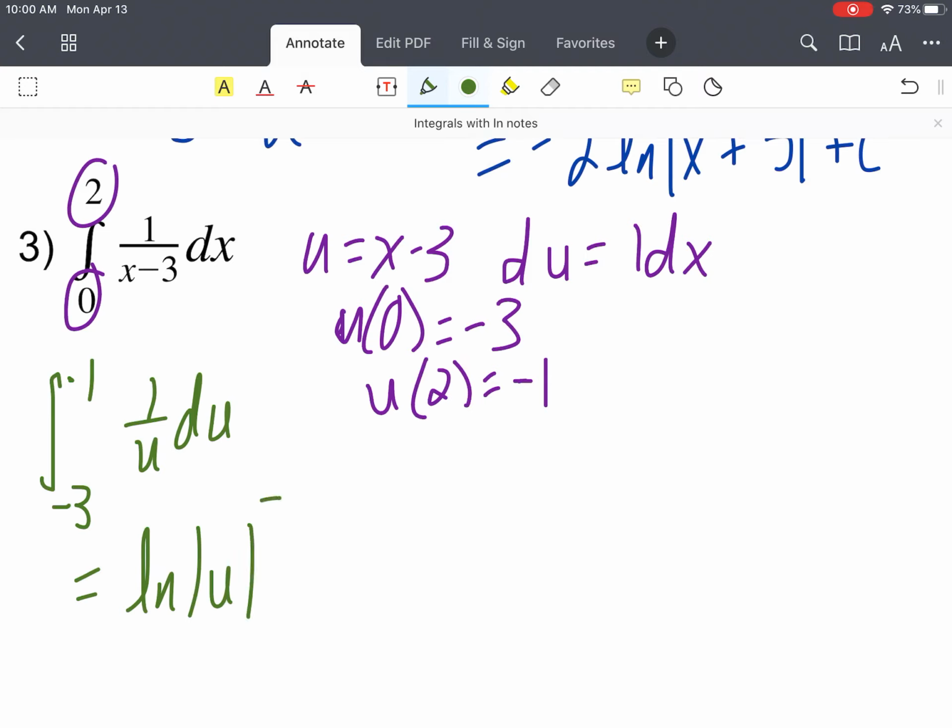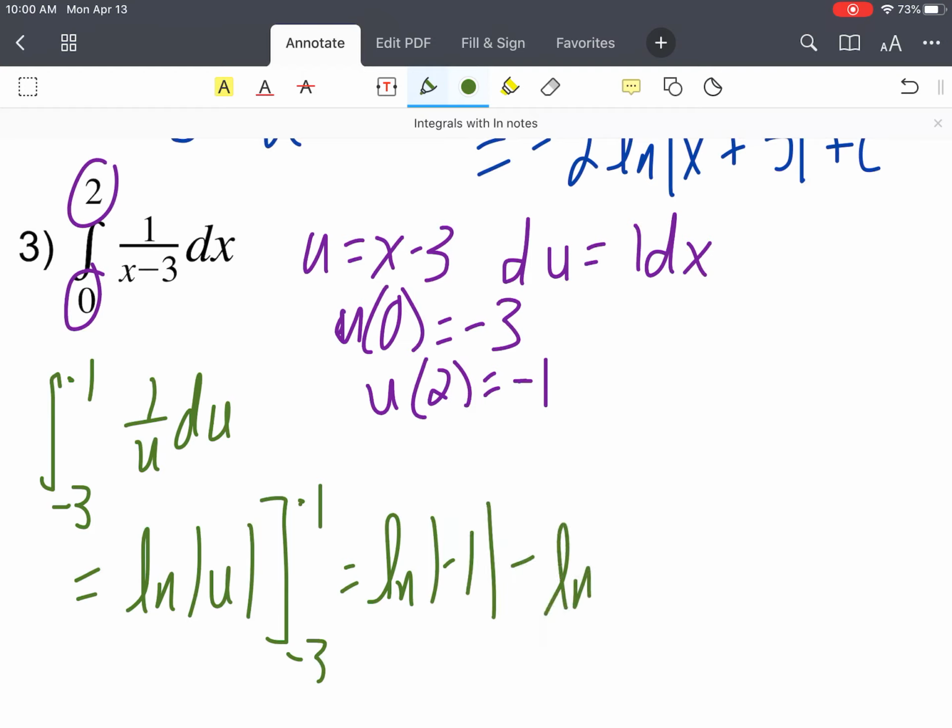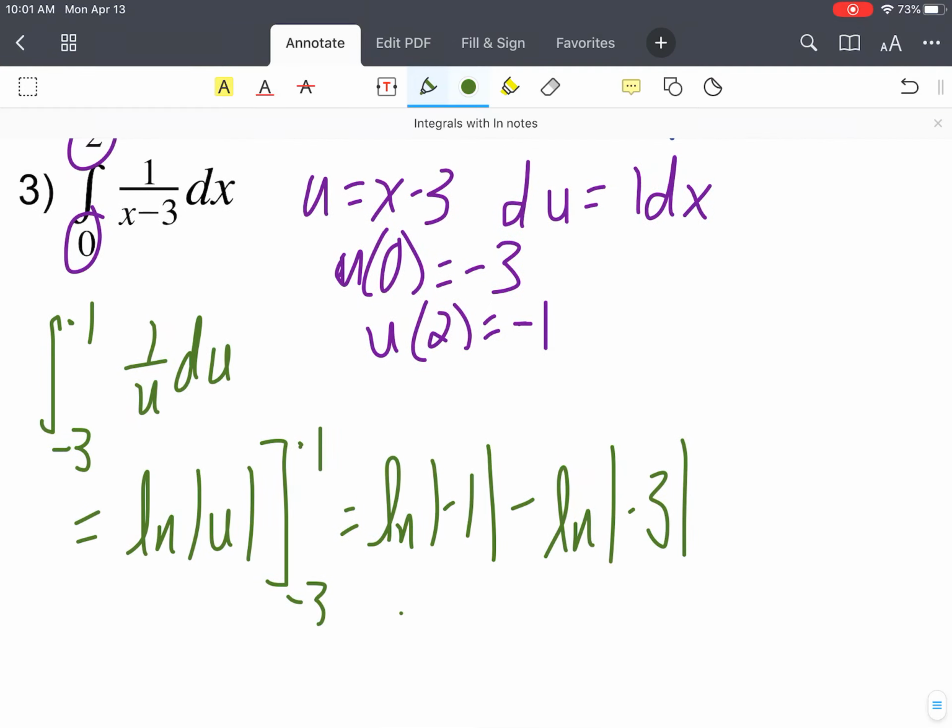Okay, so if I integrate that, that's the natural log of the absolute value of u, and I'm going to do that from negative 3 to negative 1. So that's the natural log of the absolute value of negative 1 minus the natural log of the absolute value of negative 3, top minus bottom.